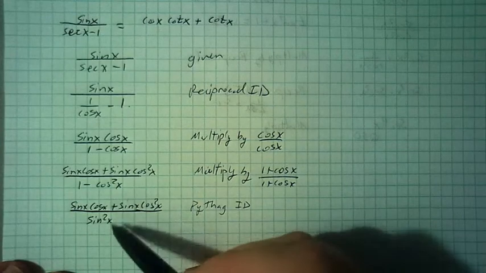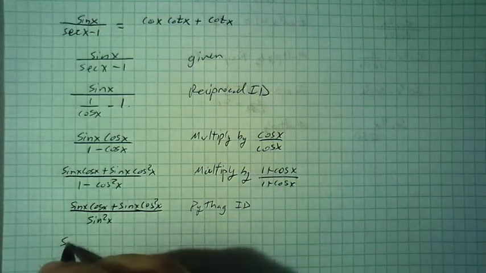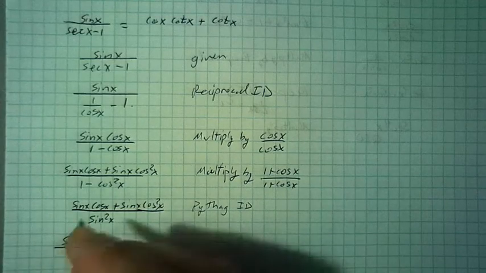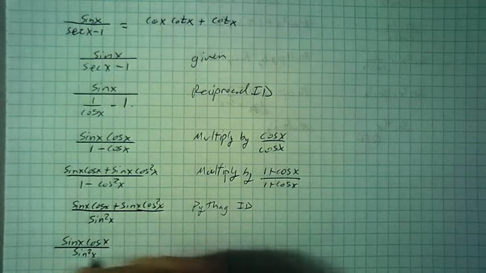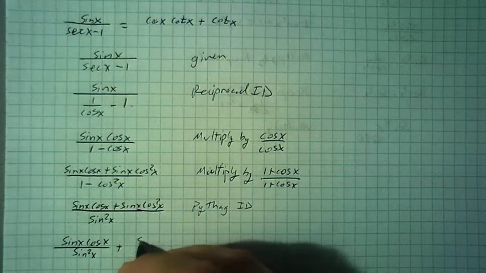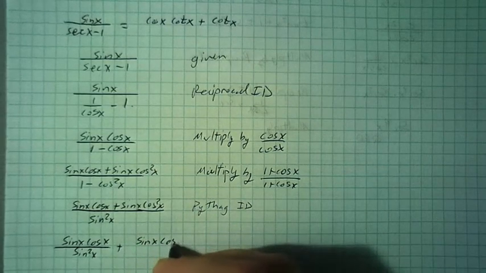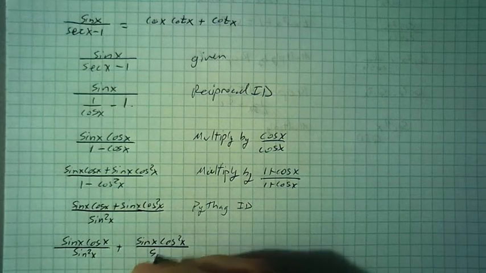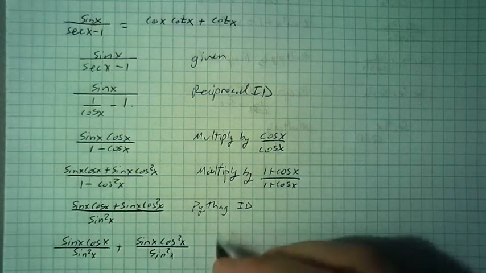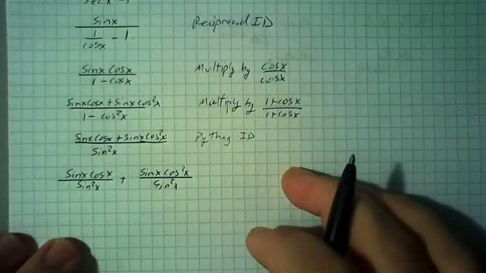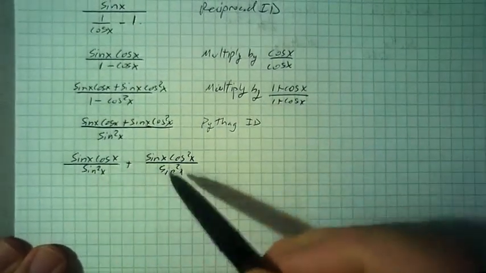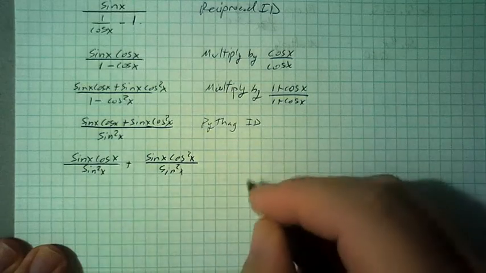So I'm going to split this fraction into the sum of two fractions. Sine of x cosine of x over sine squared plus sine of x times the cosine squared of x over sine squared of x. That's how fraction addition works. I could write fraction addition over here. I'm not going to. This reduces.